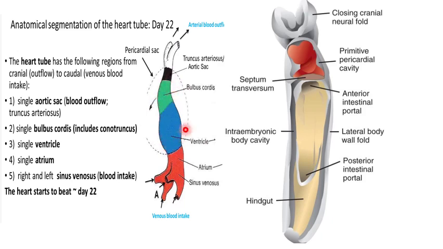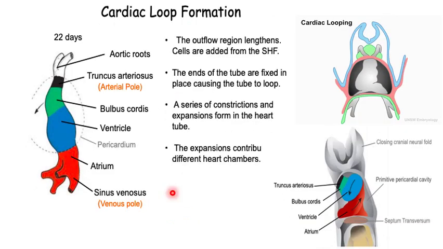So the atrium and the sinus venosus, the other parts of the heart, also should be included into the pericardial cavity, where the heart tube now has to undergo the looping, so that the whole of the heart tube is seen within the primitive pericardial cavity.